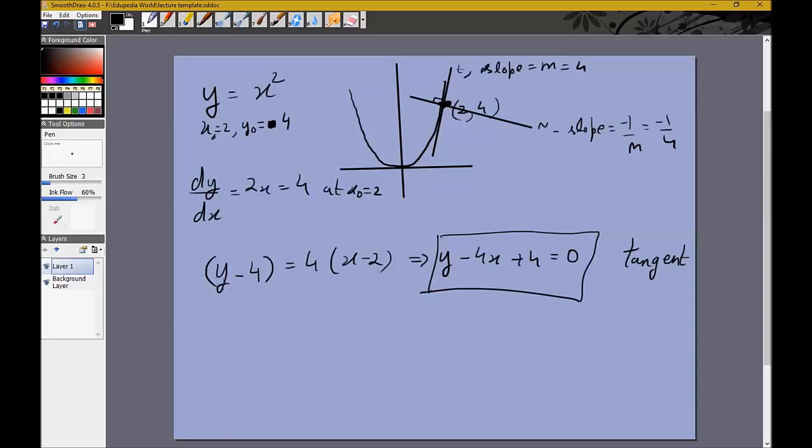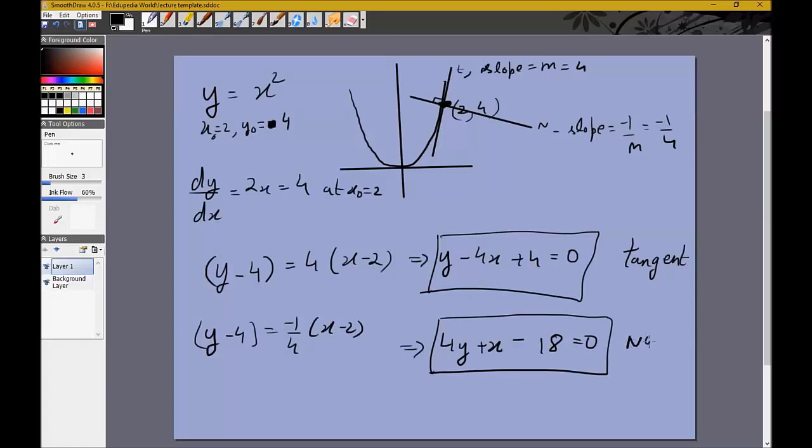What is the equation of the normal? That is also quite simple. y minus 4 is equal to minus 1 by 4 times x minus 2, which gives me 4y plus x, and then you'll have minus 16 and 2, so minus 18 is equal to 0.